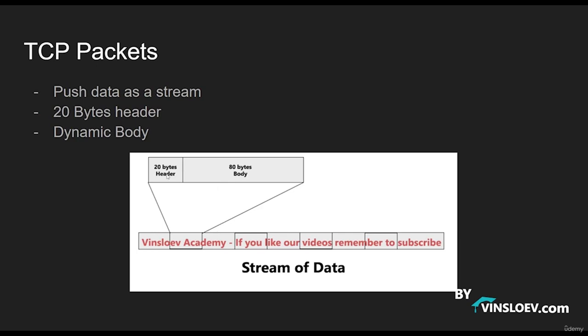So in the header we are going to put the port number, the size of the package, the signature, and the number in the line of packages that we have. So this is, for example, package 2 in this line of packages, because in TCP we need to confirm that we have received a package.